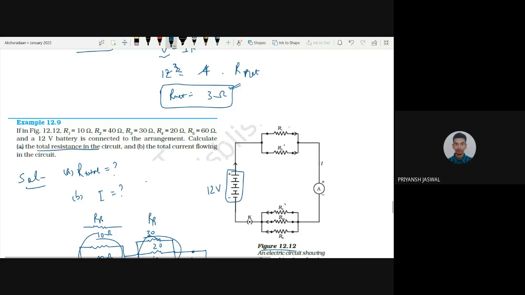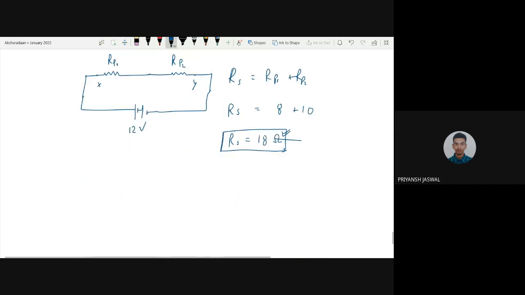So first part is the total current flowing in the circuit, which becomes easy after calculating total resistance. Simply we apply Ohm's law, which says V equals IR.